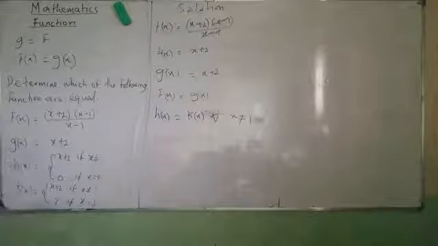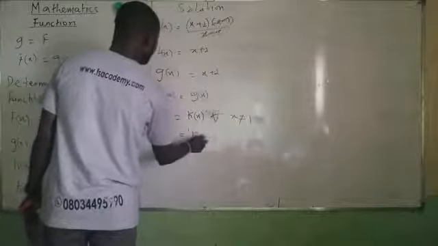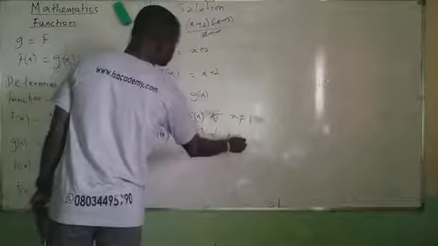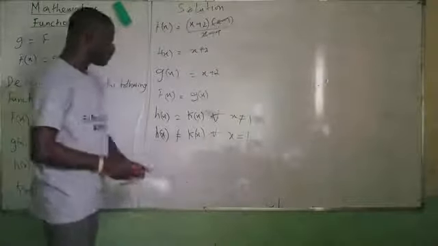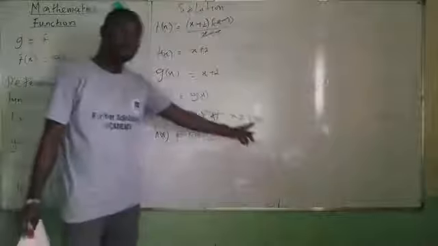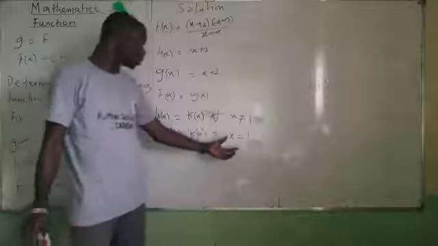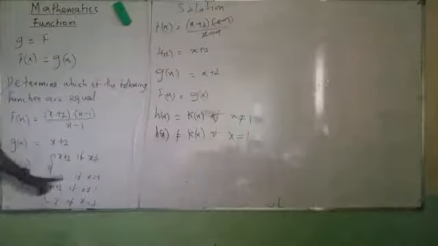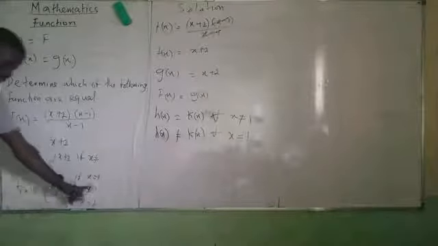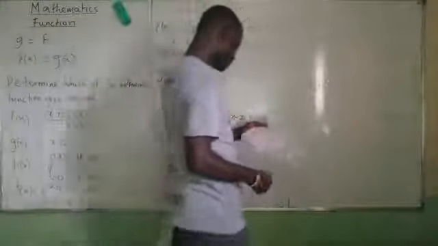For every x not equal to 1, they are equal. But for x equal to 1, h of x is not equal to k of x, because you can see that this is 0, and this is x, and x equals 1. Do you understand what I'm trying to say now?